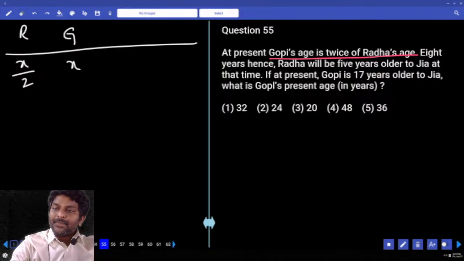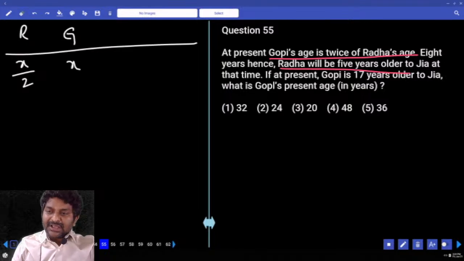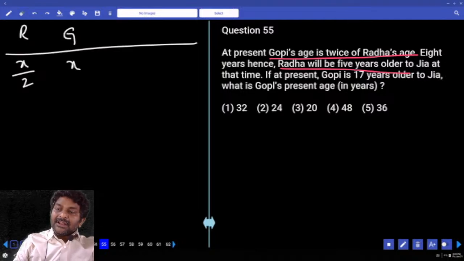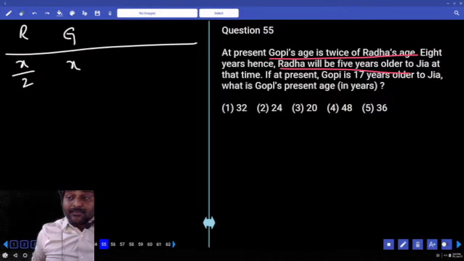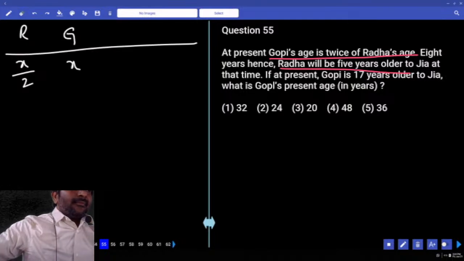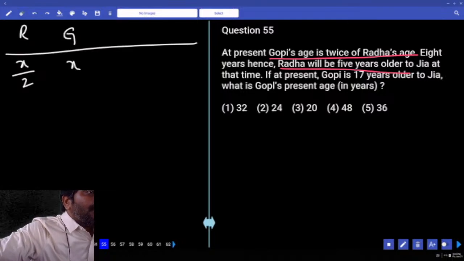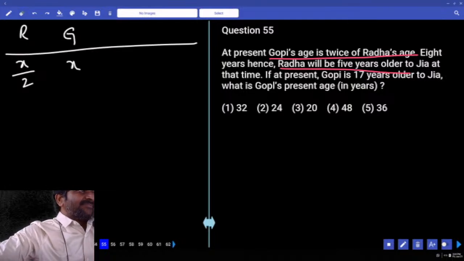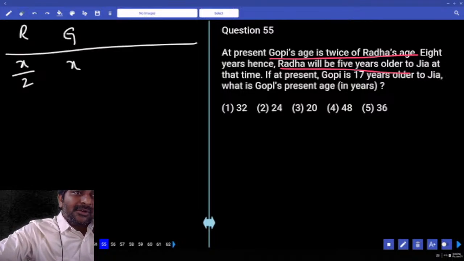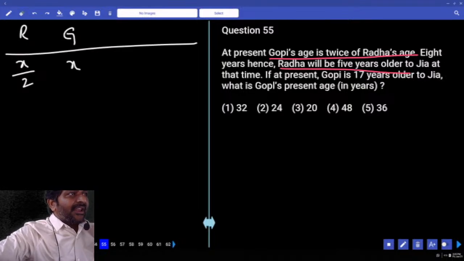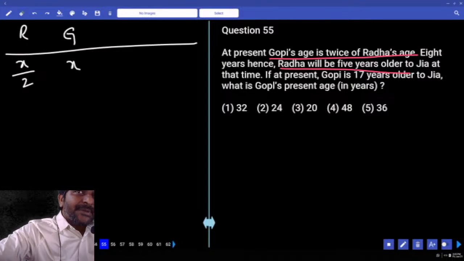Radha will be 5 years older than Jia. That means their age difference, at what time? Any time. He said 8 years hence, but the age difference between any 2 members in any year must be the same.